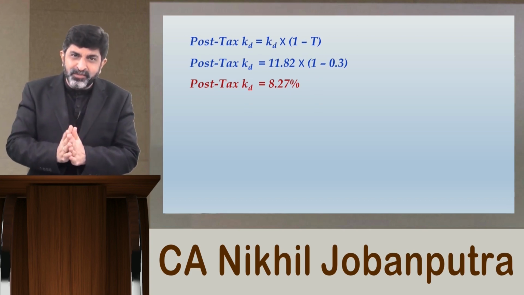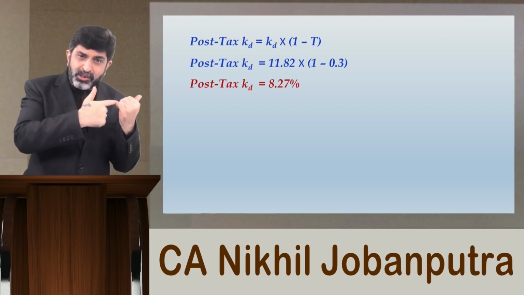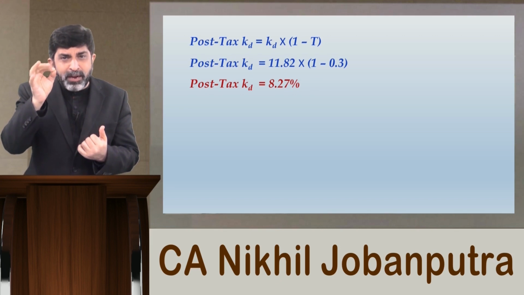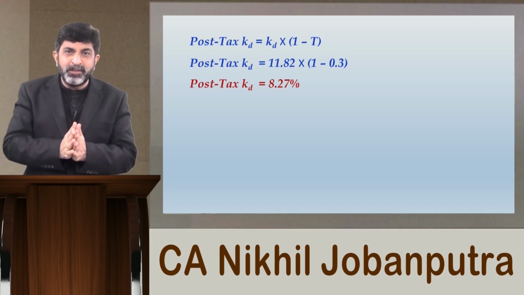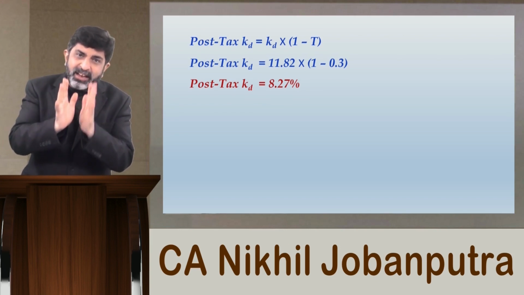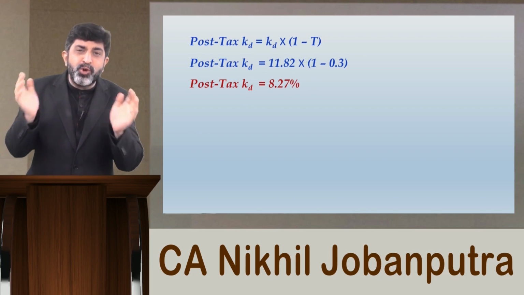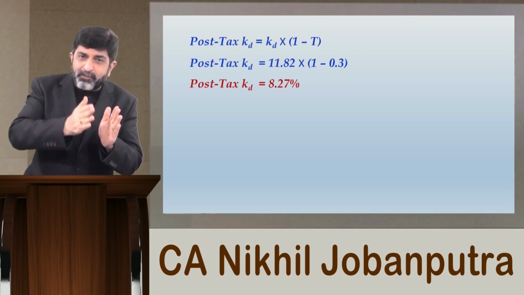Now here, the pre-tax cost of debt from the approximation formula, which was 11.82%, already gives you a hint that by approximation it is 11.82%. So the pre-tax YTM would be generally between 11 and 12%.